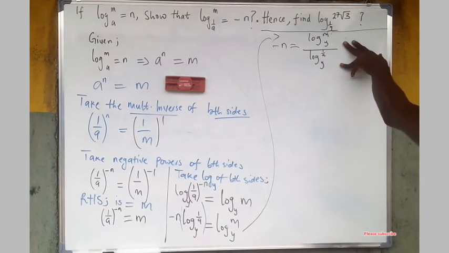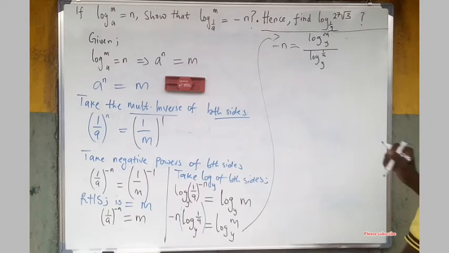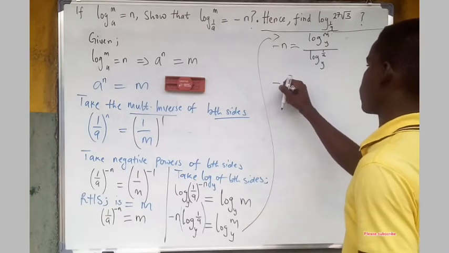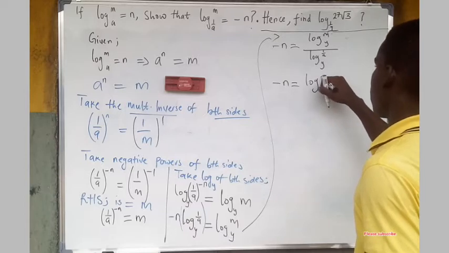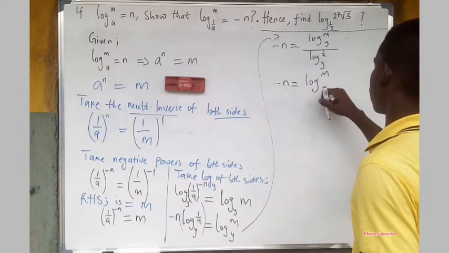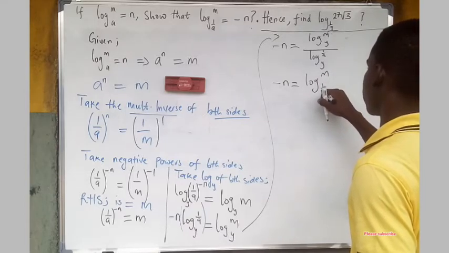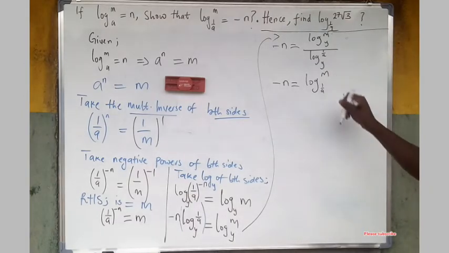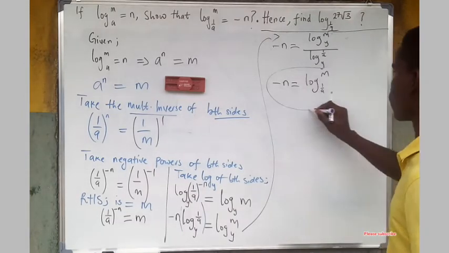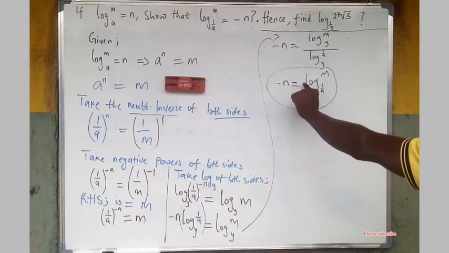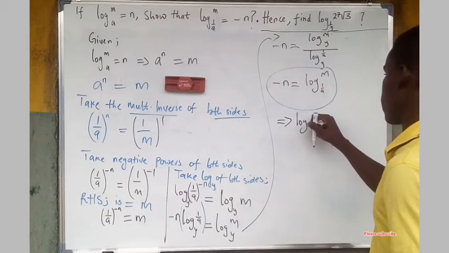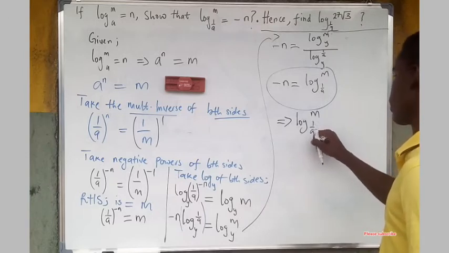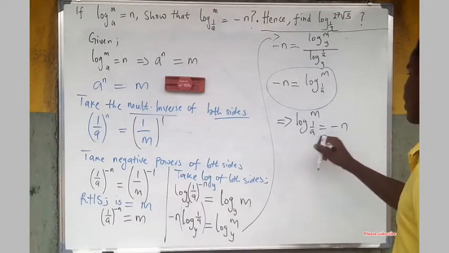Here we can do a change of base. Applying the change of base, we have log of m to base 1 over a, which implies that log m to base 1 over a is equal to negative n.